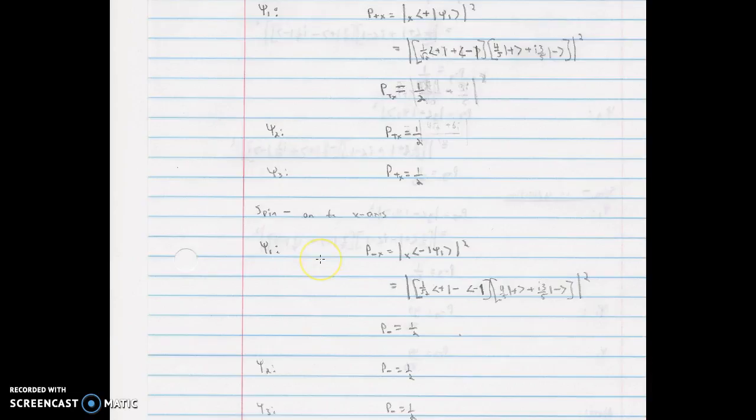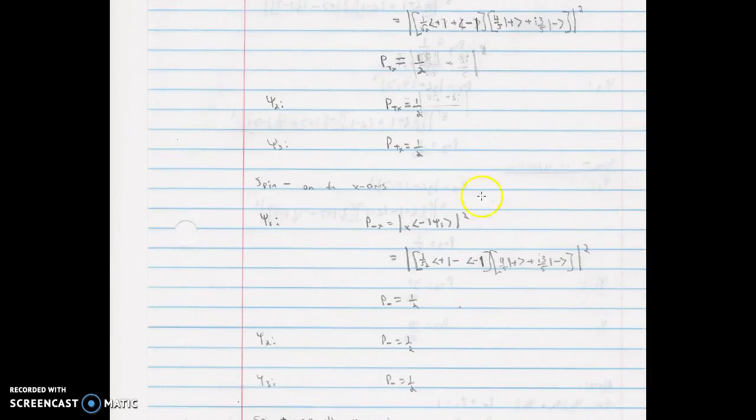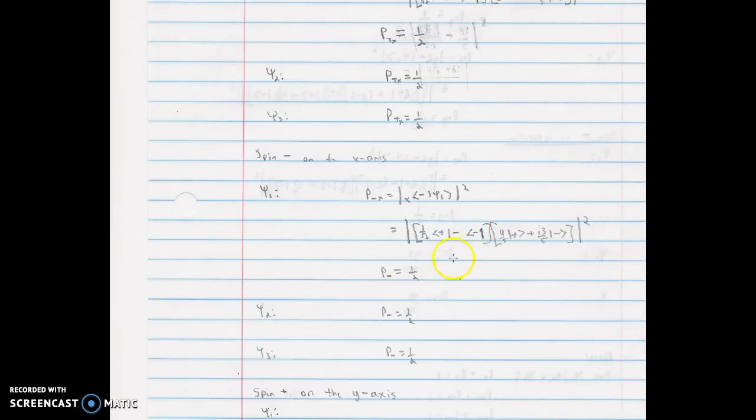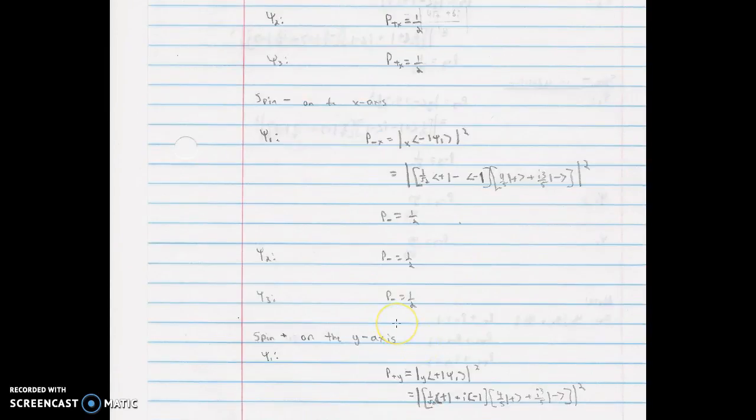On the negative x-axis, we do the same thing again, with a little change in the vector for the negative x direction. Then we get a probability of 1/2. And again, same steps, substituting in phi 2 and phi 3, we get probabilities of 1/2 for both as well.